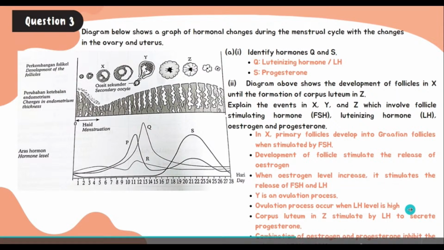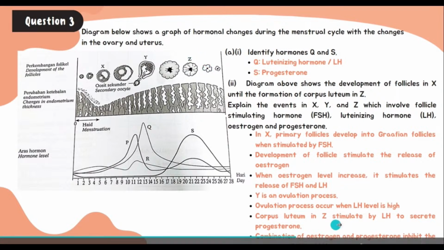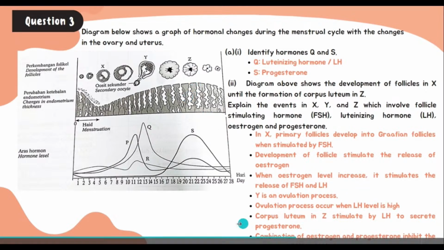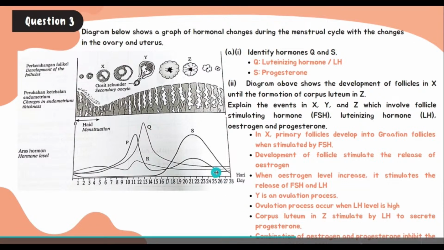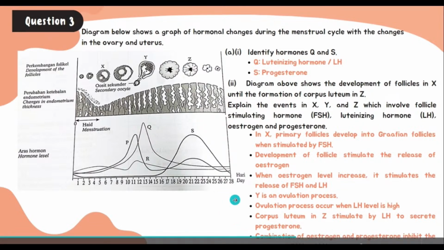Alright, and then what happened? After the ovulation process, follicle Y turns into follicle Z, that is the corpus luteum. Corpus luteum will secrete progesterone. Corpus luteum is stimulated by the luteinizing hormone to secrete progesterone. And then the combination of estrogen and progesterone inhibits the release of FSH and LH, follicle stimulating hormone and luteinizing hormone.